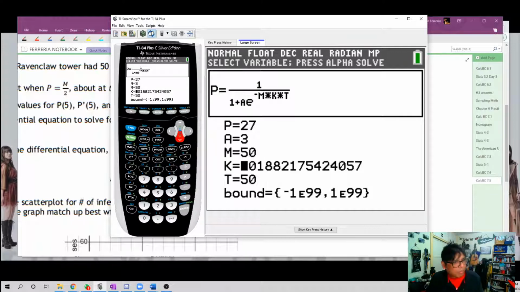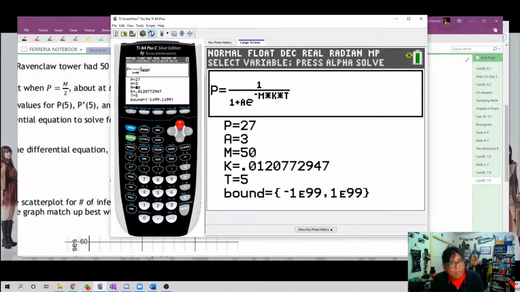K, I don't have that yet, but I know T is 5. Let's remember my value of K. My value of K was 0.012772947. So that's a ridiculous number of digits to have for K.